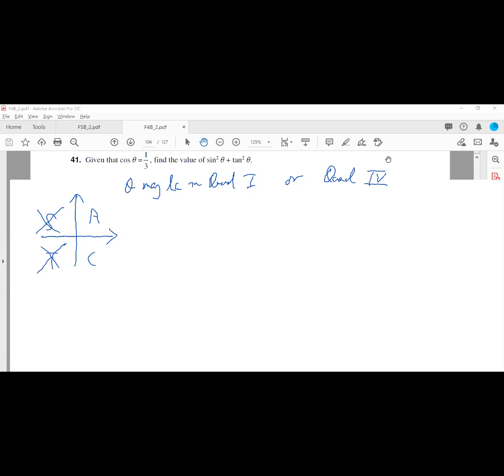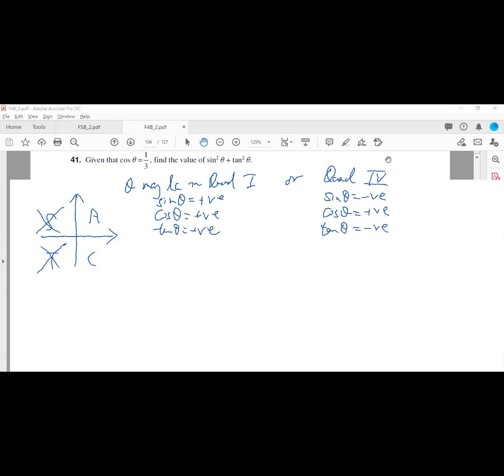Which means that if it is in quad 1, then all of them are positive: cosine theta is positive, tangent theta is positive. And if it is in quad 4, which is C quadrant, then sine is negative, cosine is positive, and tangent is negative.